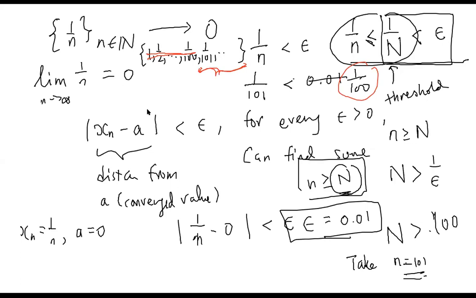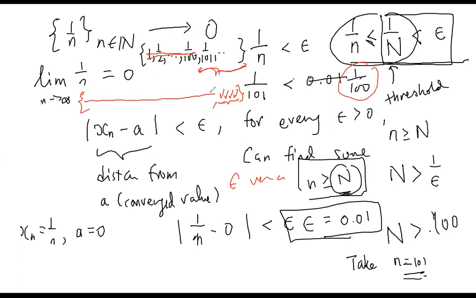If you set your epsilon to be some very small number, you just cross out all these terms in the beginning, and you can still find some number towards the end where the difference from A will be less than epsilon.